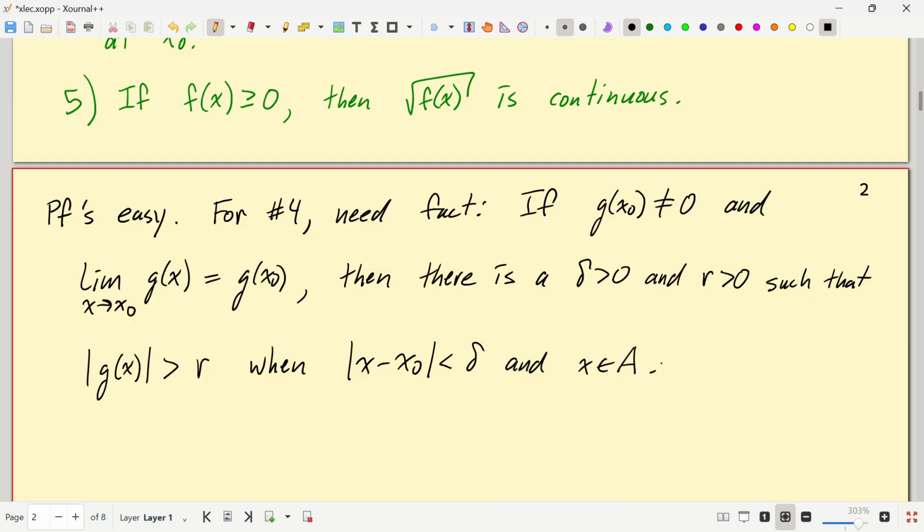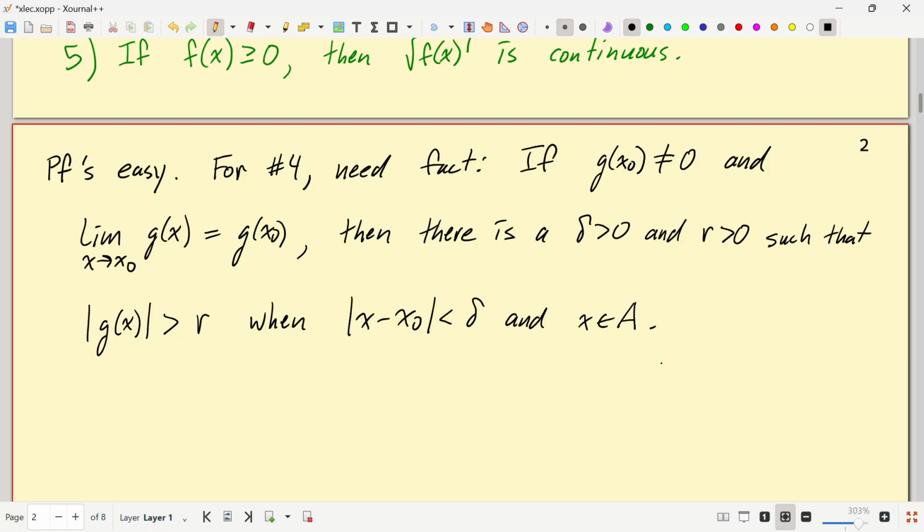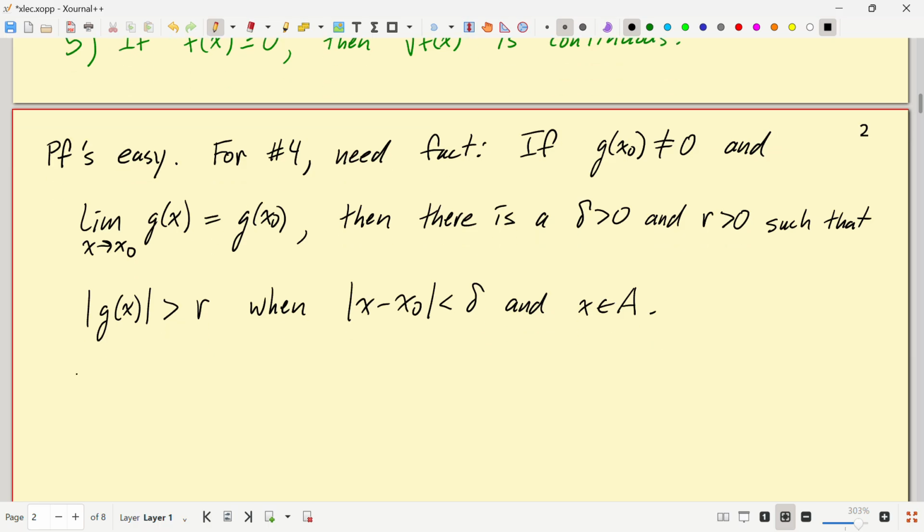Okay, I think I demonstrated that it's the taking a g of x naught over 2 trick. So we've done this, proved this before. Let epsilon equal g of x naught over 2, and just use inequalities and mess around with inequalities.